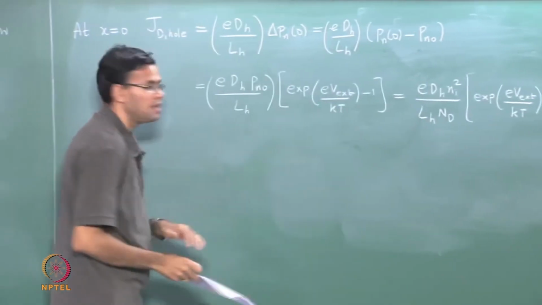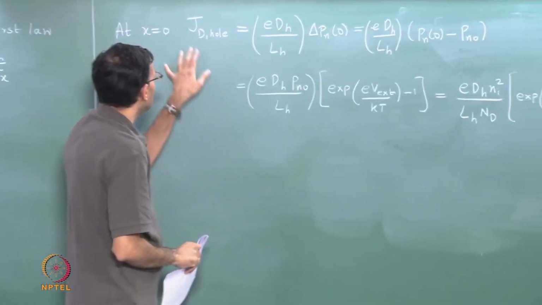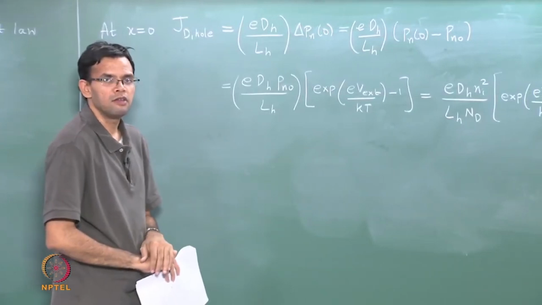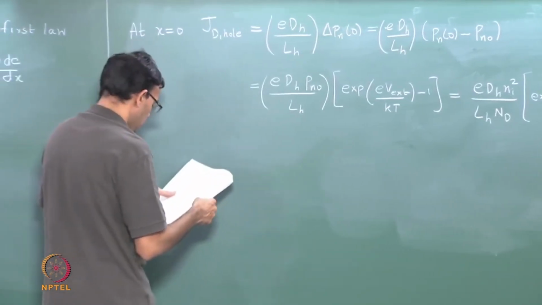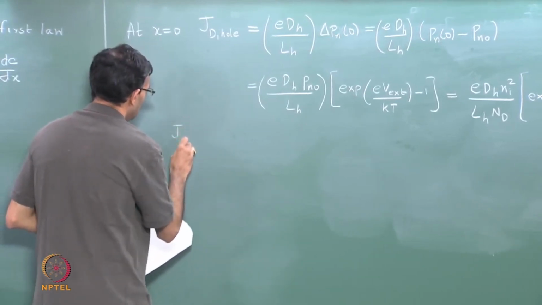You can write a similar expression for the current due to the electrons, and we said that the total current should be a constant. So if we add these two, let me just write the current due to the electrons.